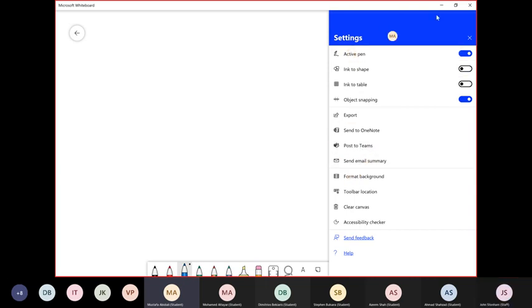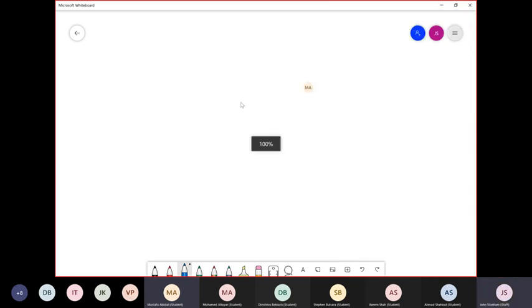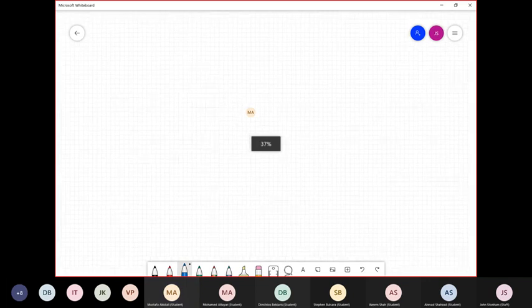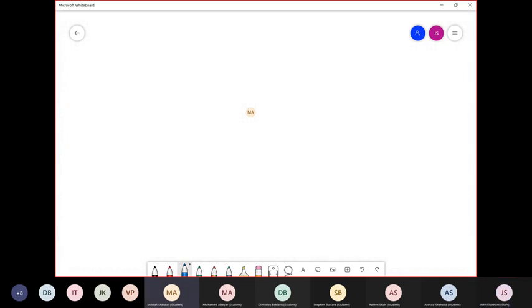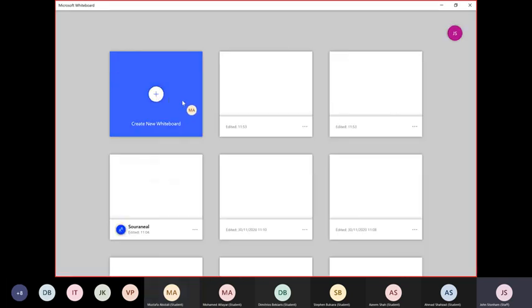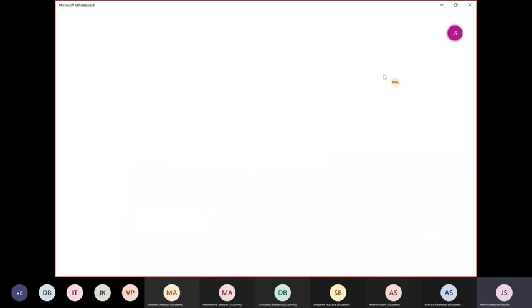Can you try pinching the screen inwards? It's not a very robust system, I'm afraid.